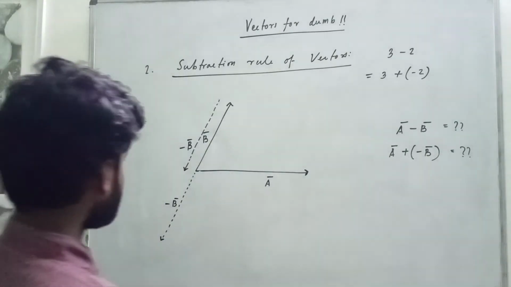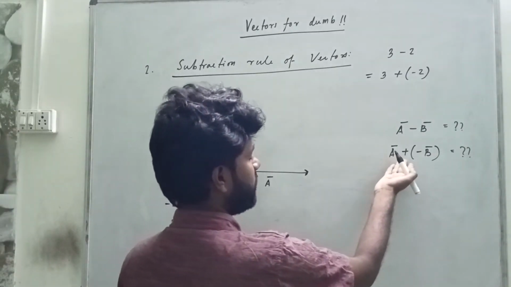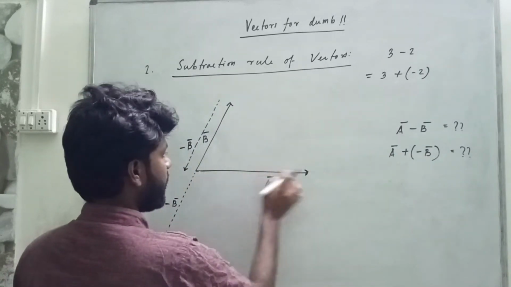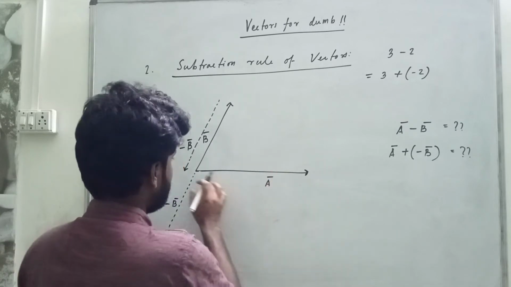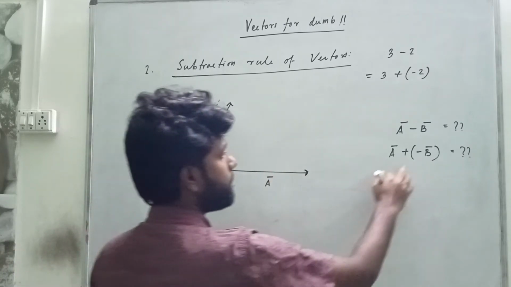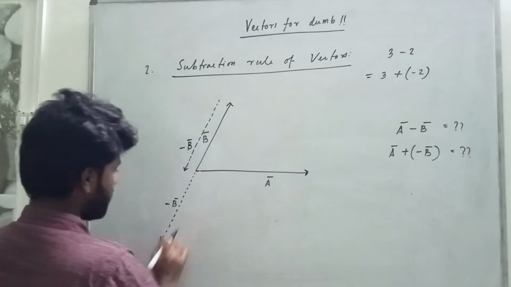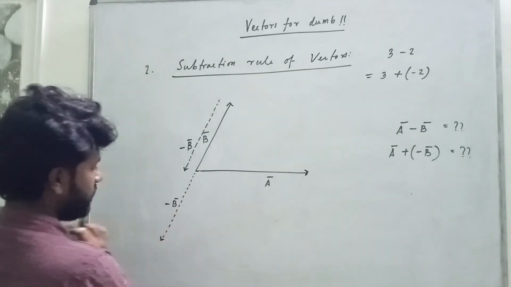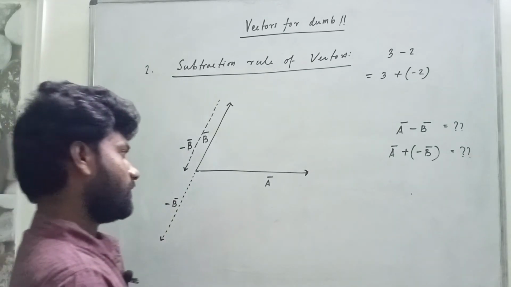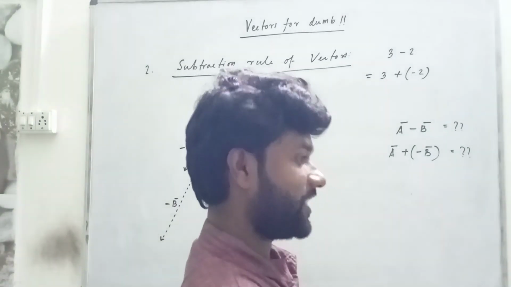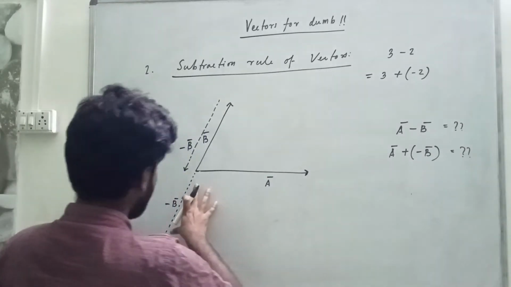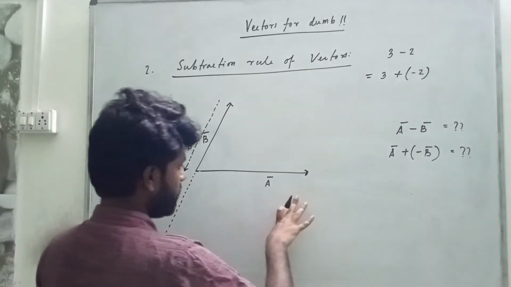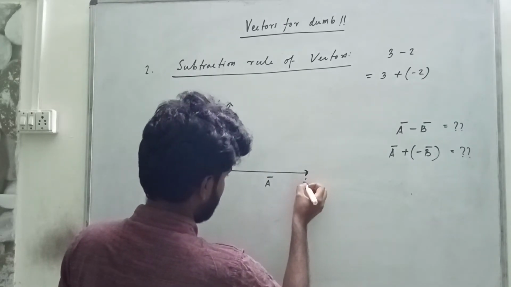Now just look at this: A plus minus B. It is A, and we just add this A with the minus B here. Just add these two vectors. Obviously all of you know the condition of addition, right? Place this minus B from here to there, just a parallel transformation.